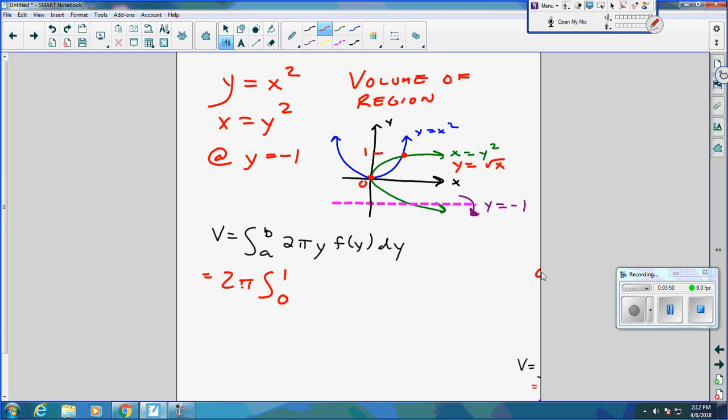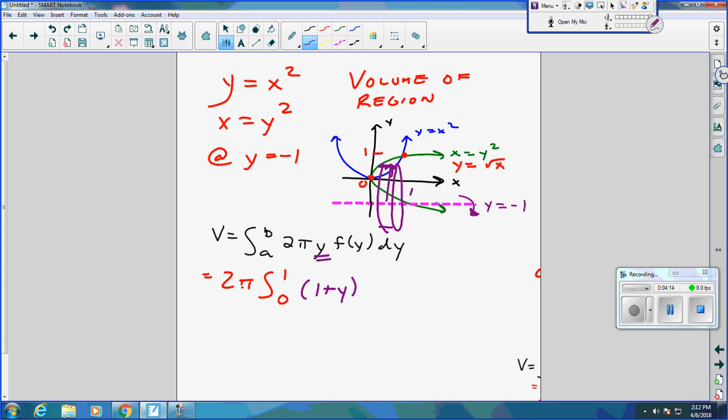The cylindrical shell here, the cylinder, would be right here, right? So it's 2 pi for the circumference, which we already wrote on the outside. And then the radius here would be this distance, which is 1 plus the y distance. So our radius for y is 1 plus y, or y plus 1.